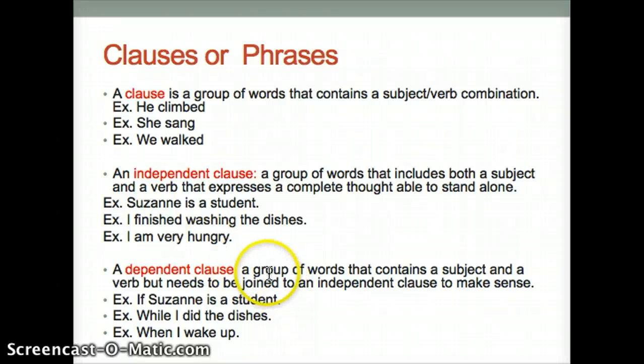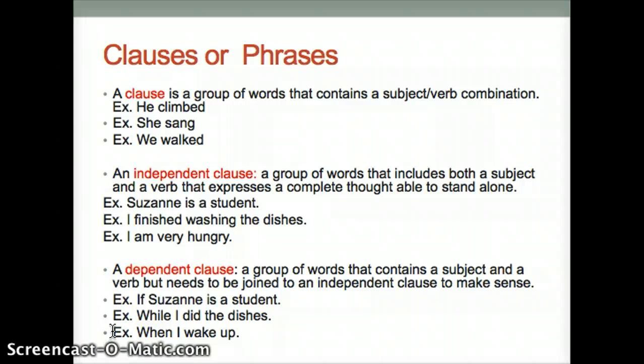So some clauses can't stand on their own as an independent sentence. These would be dependent clauses. They need to be attached to an independent clause in order to be a complete thought. So even though these have similar components, they also have a subject and a verb, much like this one, there's additional words that make it a dependent clause.